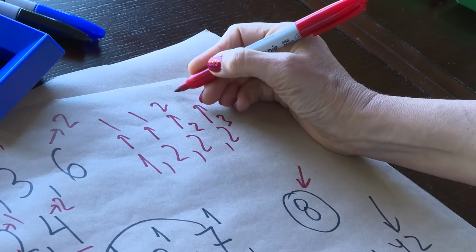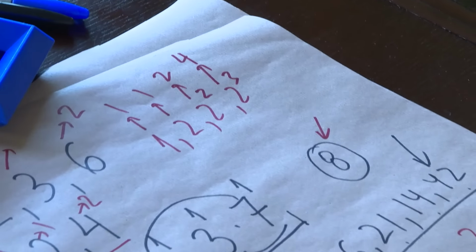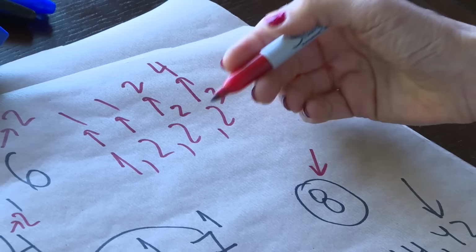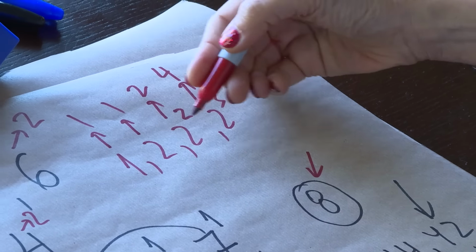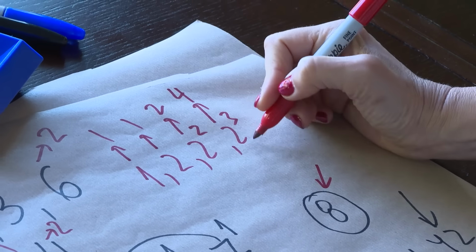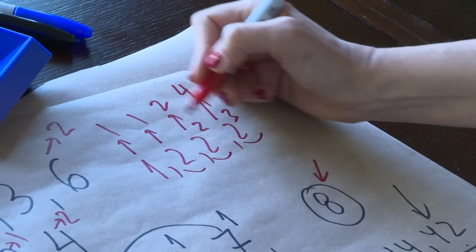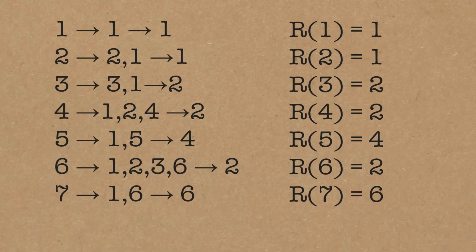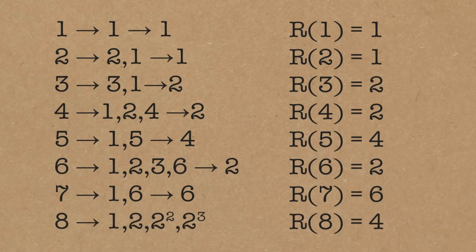For 8 overall, I need a 4. It's kind of confusing that you used the prime divisors there and not just the divisors, but... No. Actually, there is a reason for that. Okay. And you can see that the number of tickets on which each of those is written is going down by a power of 2. So it looks like R of 8 is 2 squared, which is 4.